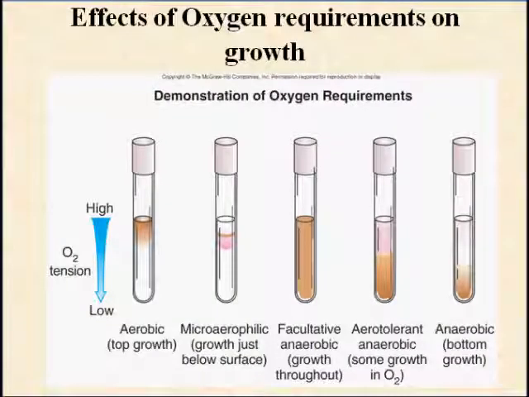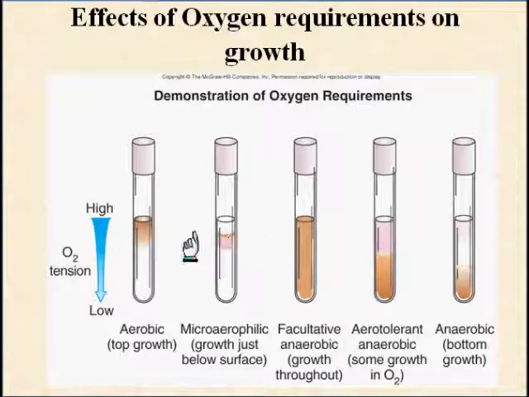Now, what happens with these organisms? You can grow these in tubes, actually, and toward the bottom, you're going to see very little oxygen, and at the top of the tube, quite a bit. So an aerobic organism is going to grow at the top of the tube.